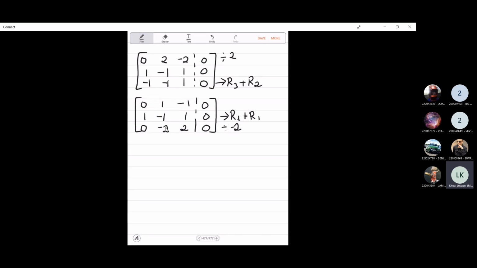And then maybe instead of dividing by minus 2, I can just go ahead and make a 0 here. I will just say row 3 plus 2 times row 1. Then I'll have a 0 here and a 0 there, which is not what I want, because it won't be different from this one. Okay, let's just do that one.